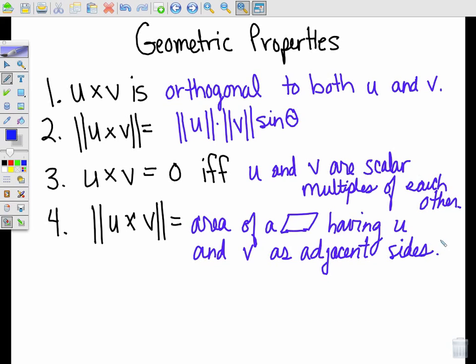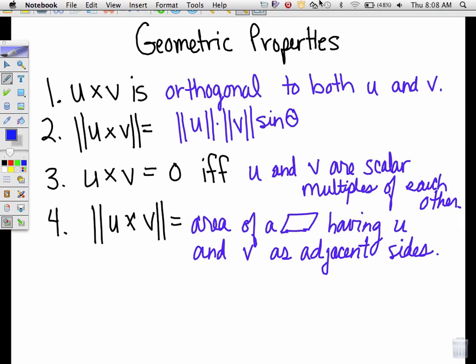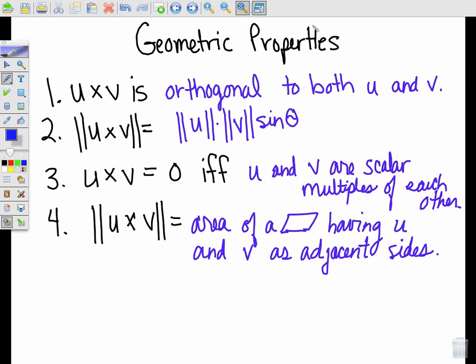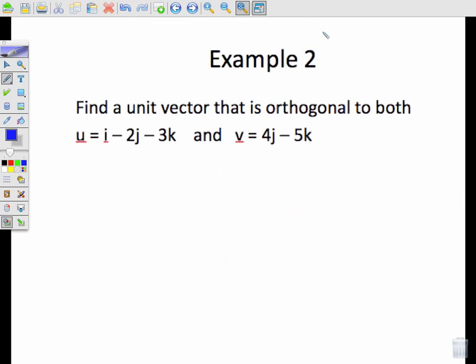And so here's where we're going to use our application problem. We are going to be using the cross product and the magnitude of it to find the area of the parallelogram. All right, so example 2 here says find a unit vector that is orthogonal to u and v.